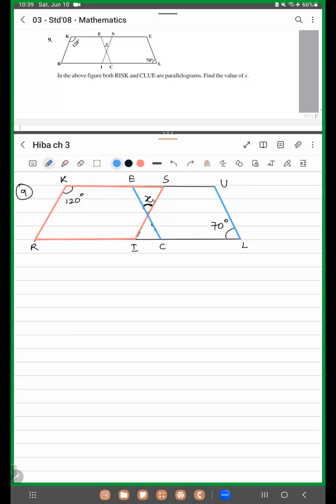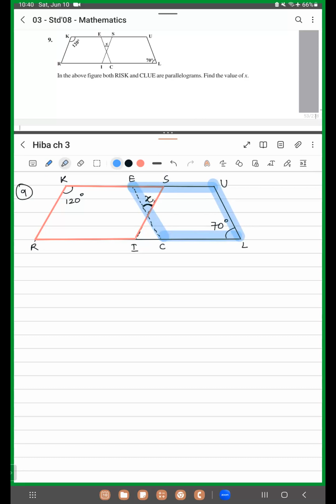Can you show how to solve this, because it's kind of confusing? Hiba, we are doing that only. Am I missing something? No. Okay, fine.